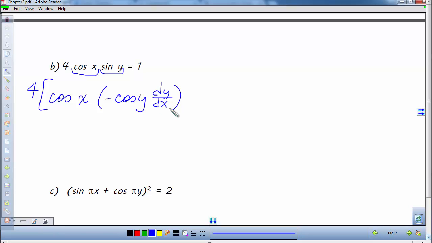Okay, so that's my first times the derivative of the second plus the second times the derivative of the first. The derivative of cosine x is just, actually this is positive. The derivative of cosine x is going to be minus sine x, and this equals 0.